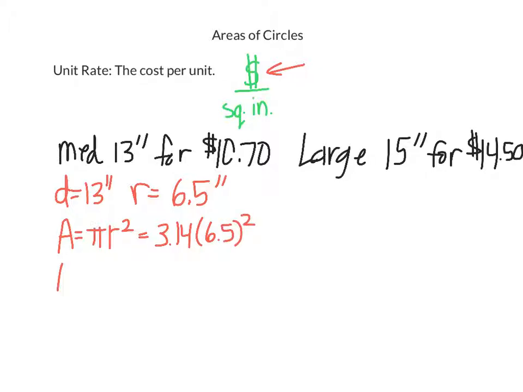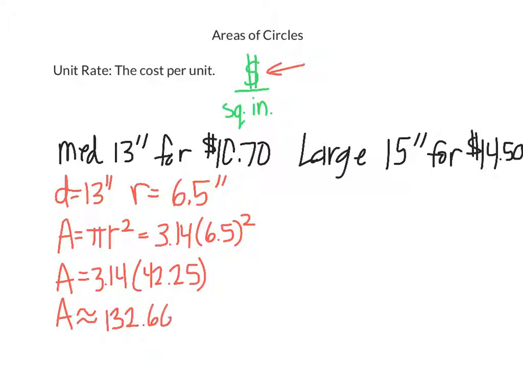And so we use our calculator to find that. So 3.14 times 42.25, that's 6.5 times 6.5, is 132.665. And for now I'm going to go ahead and keep all those decimals because I'm already using a rounded number 3.14. And really, you're never supposed to round your answer until your final answer. And this is not our final answer. This is what we are going to divide 10.70 by in order to find out the price per square inch. So don't round until you have to.